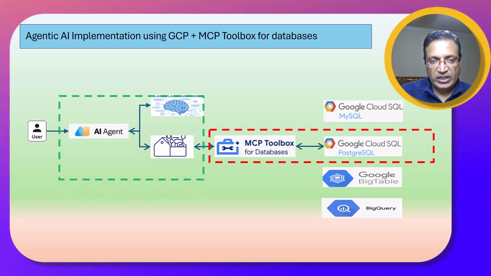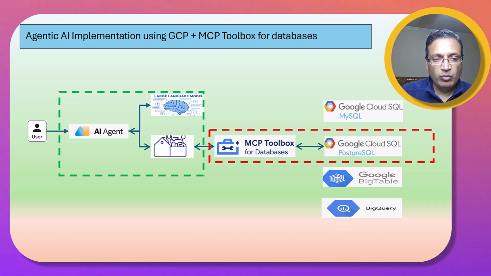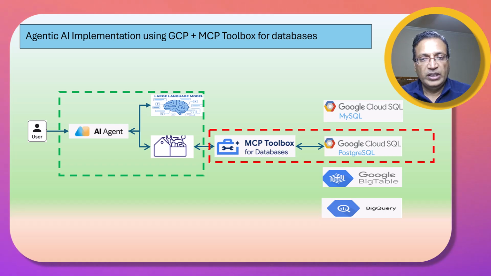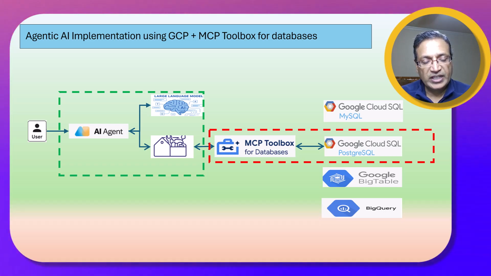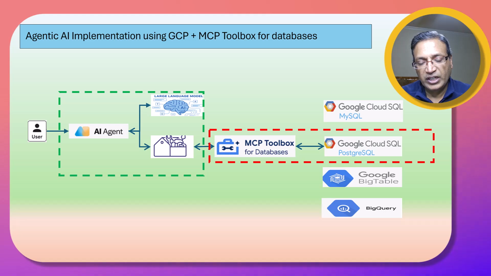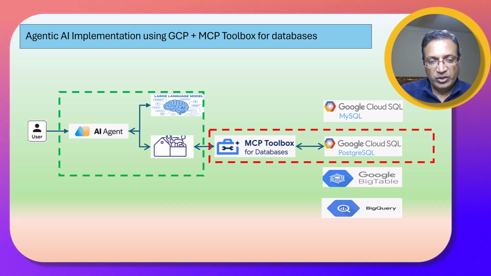Now we are going to create an agent and give it the toolbox, which will connect to MCP Toolbox, which will then connect to Cloud SQL. We'll use Vertex AI from Google Cloud Platform for this video. So stay tuned.